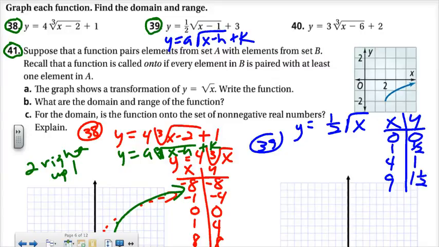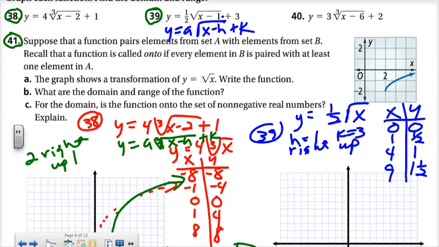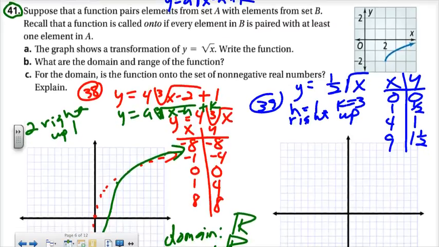And then while I have it set at the screen right now, I'm going to go ahead and write down that my h value is 1. So that's going to be 1 to the right. And then my k value is 3. So that means I'm going to be moving this 1 to the right and 3 up. So let me get the original on here.